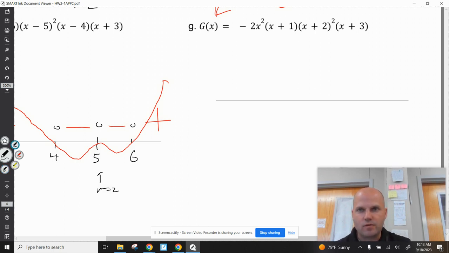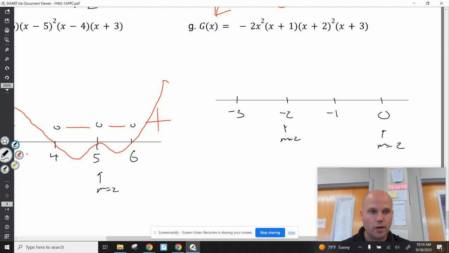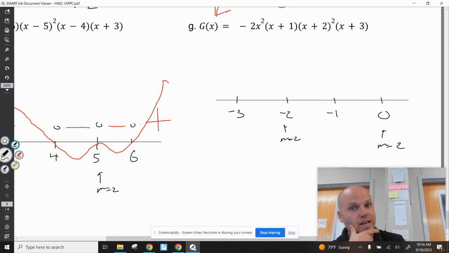Okay, -1, -2, -3, and 0. At least these will be spaced out nicely, so the graph will probably look a little nicer instead of going up so much. Multiplicities 2, multiplicities 2. The multiplicities are 1. If I plugged in 3, -2 times positive, positive, positive, positive, that means this is a big fat negative.